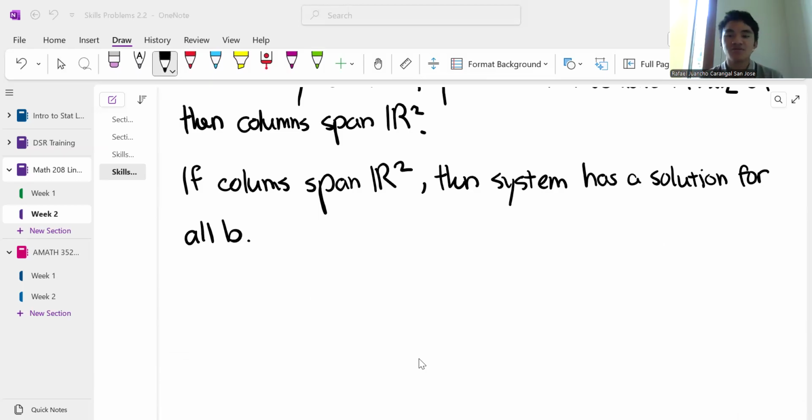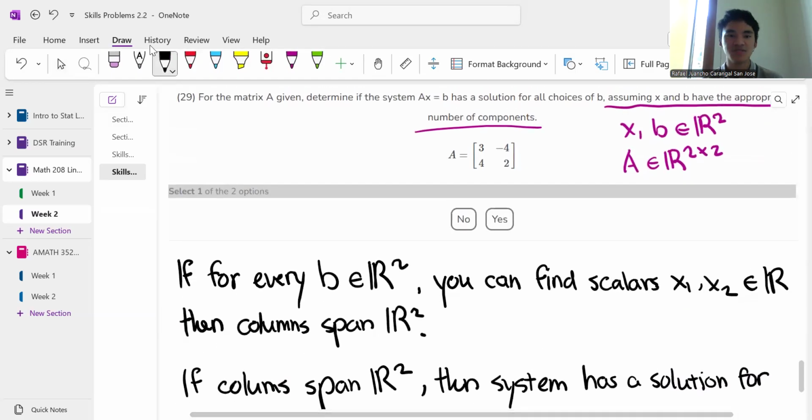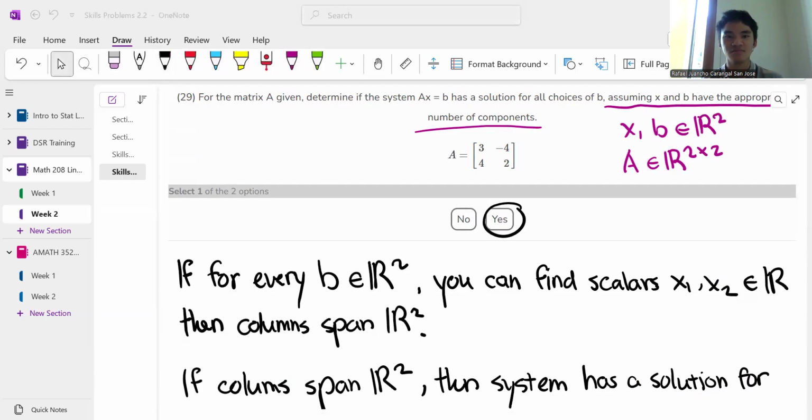So if there is a linear combination that produces any B, then we basically fulfilled the condition that was being asked in the problem, right? Since it's all choices of B, and that just depends on the linear combinations that we have. So this is basically a yes. We don't have to go through it. Let me just check, see if we got it. I would say that's a yes. Okay, we got it. If it was a no, I would have been worried. But hey, it's not a no.